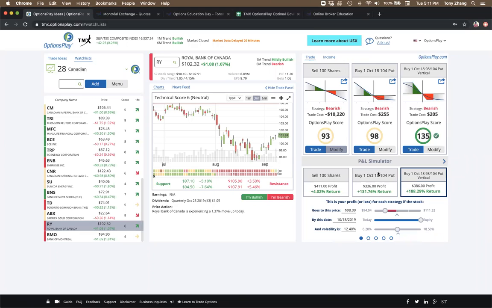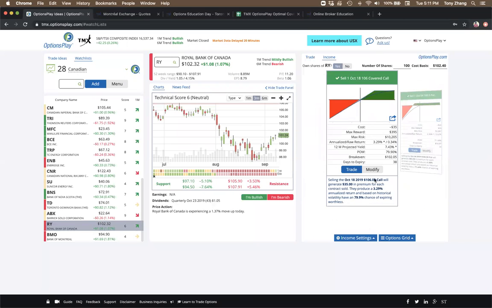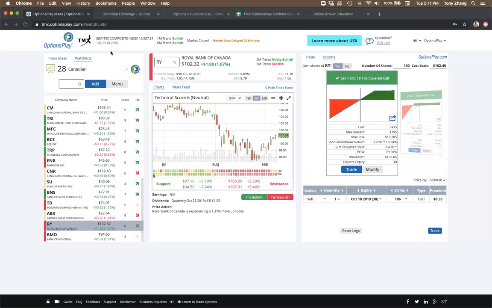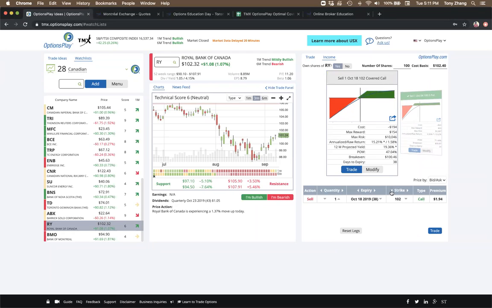Because let's say I'm selling this cover call, right? Let's say I sold the 100s, and it's currently trading at 335. Now, this call is only $2.32 in the money, but it's trading at 335. So would you rather capture $2.32 in profit, or would you rather capture $3.35 in profit?